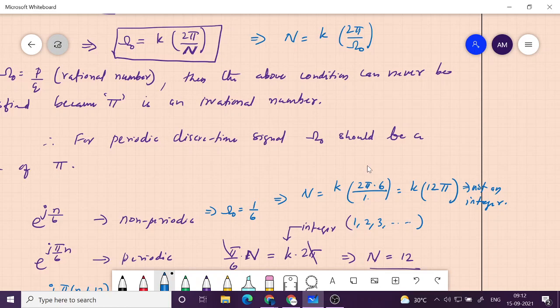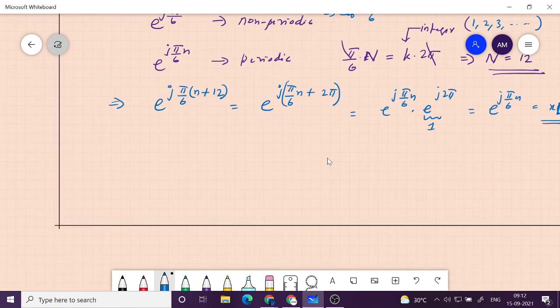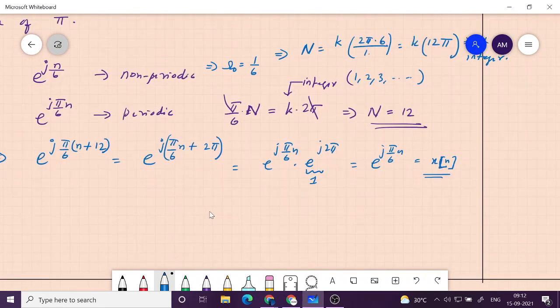If it could be expressed in p by q form, then you can always find a k such that the denominator will cancel and you will get an integer value for n. But here it is impossible to find any period, and if you can't find a period, then it is non-periodic. I hope this is clear. If you have any doubt, you should ask.